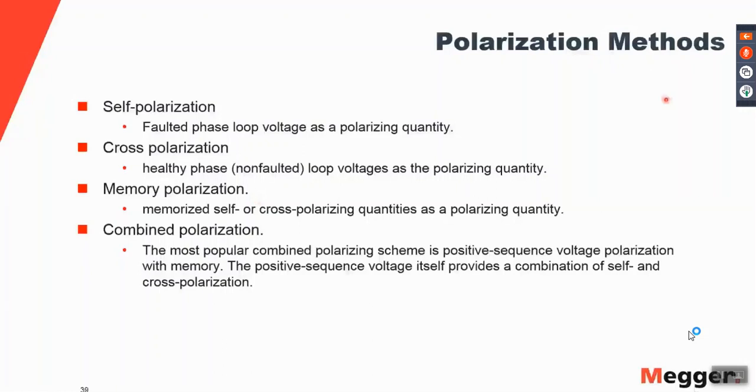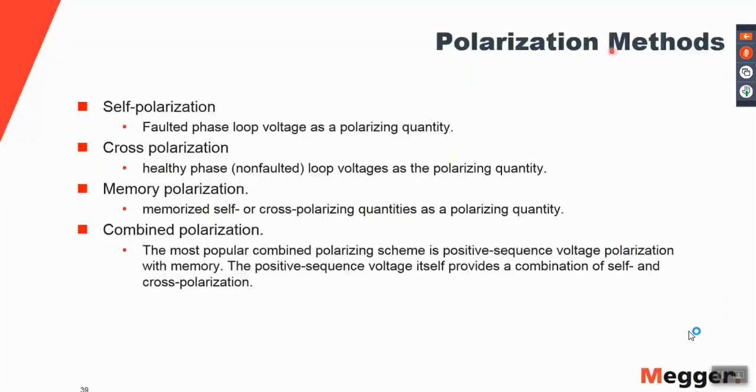You also have combined polarization. Now, combined polarization, the most popular one is using positive sequence voltage polarization. No matter how bad the voltages are, you can always calculate the sequence networks and then use the positive sequence voltage for polarization.